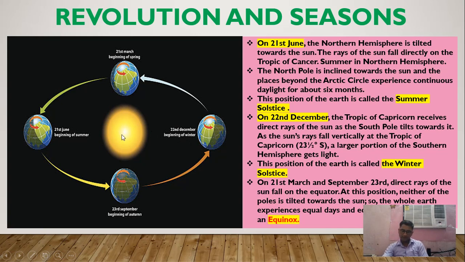It is fully falling on the southern hemisphere, and in this situation in December, the southern hemisphere is experiencing summer, and in the same December the northern hemisphere is far from the sun and is experiencing winter.